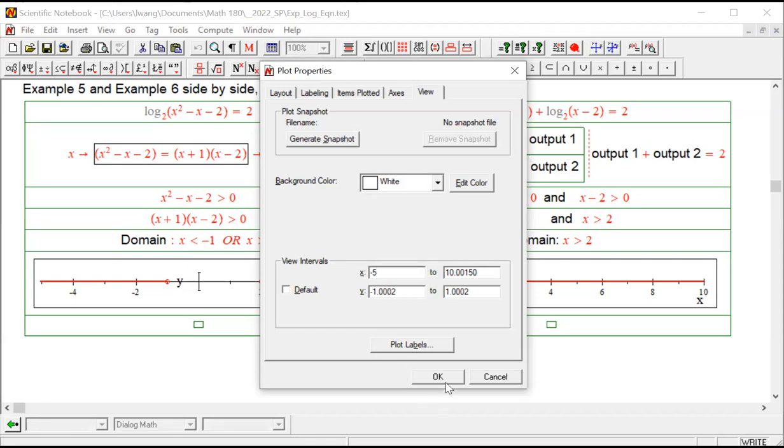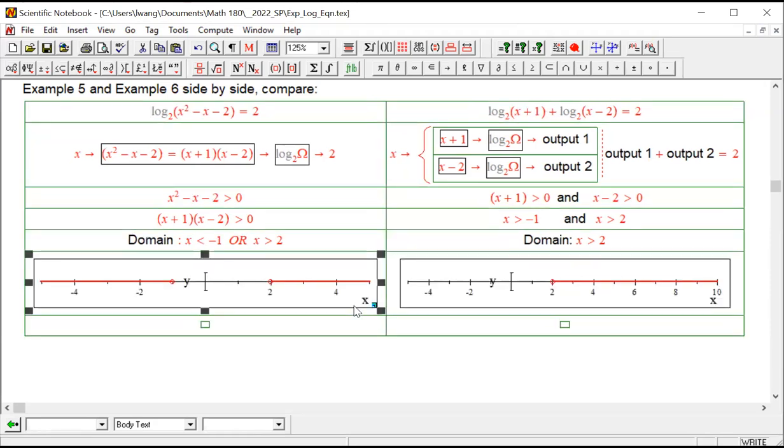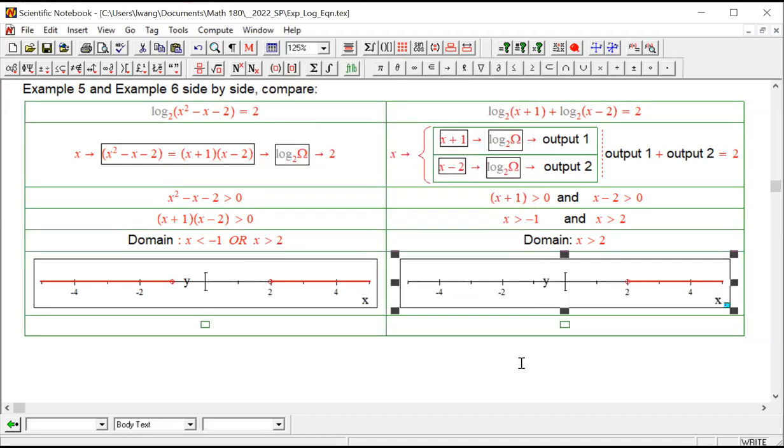You can see that makes the major difference because the processes are different, the flows are different. So example number 5, example number 6, that's how they're different. I hope I have made that very clear to you.